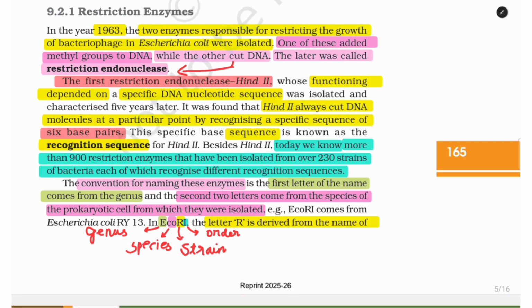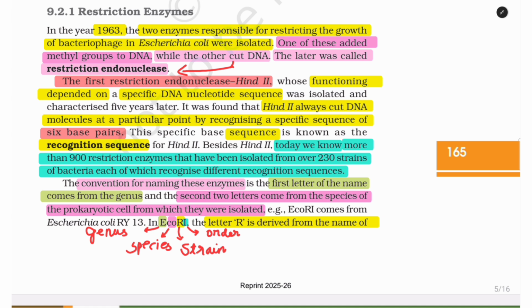9.2.1 Restriction enzymes. In the year 1963, the two enzymes responsible for restricting the growth of bacteriophage in Escherichia coli were isolated. One of these added methyl groups to DNA while the other cut DNA. The latter, that is the one that cuts the DNA, was called restriction endonuclease.